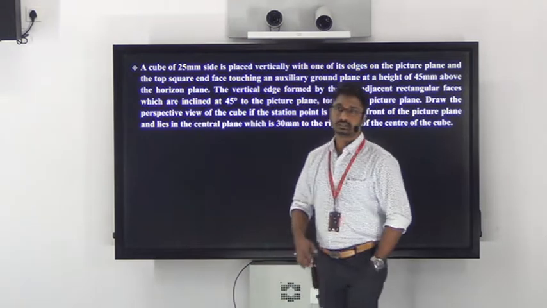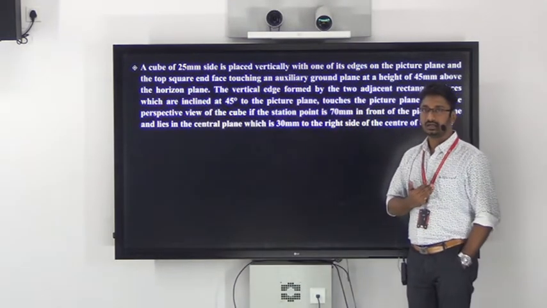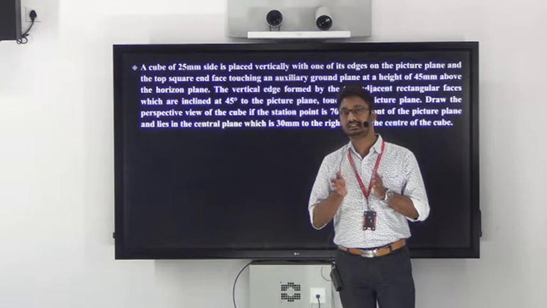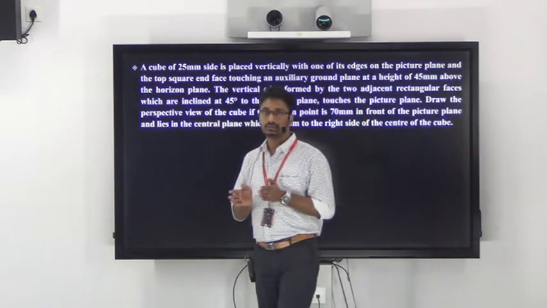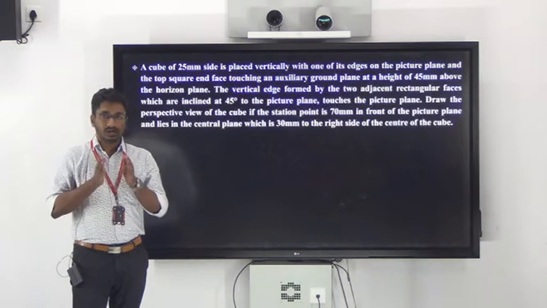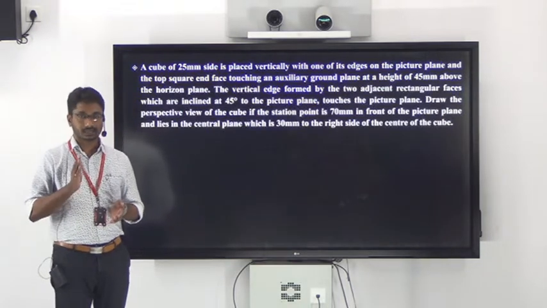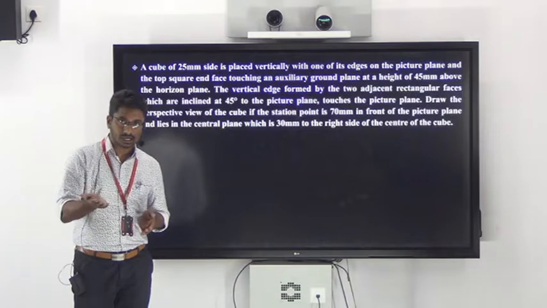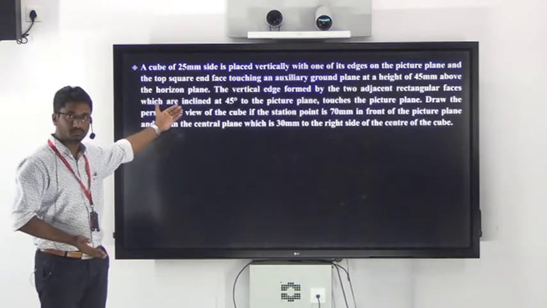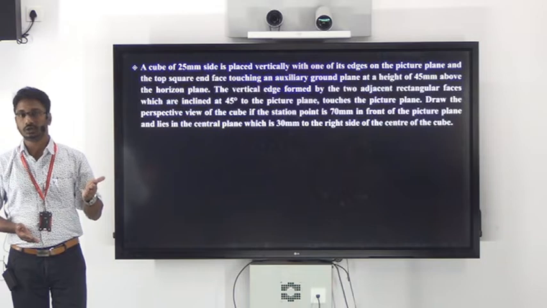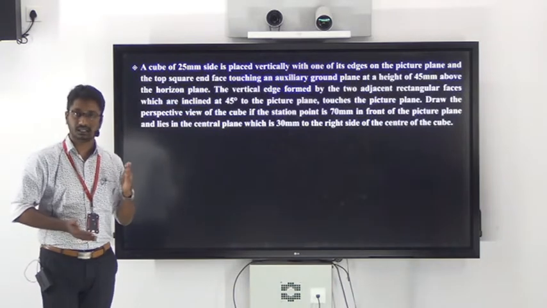So this question is almost similar to that of the last one. In the last case, we had a rectangular prism having dimensions 100 mm into 50 mm into 40 mm. In that case, one of the vertical edges of the rectangular prism was touching the picture plane. Similar to that, here we have a cube, and here also one of the vertical edges of the cube is touching the picture plane.